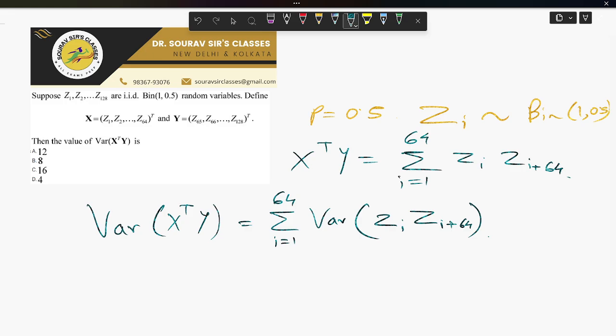Now we are going to compute the variance of Zi times Z(i+64).